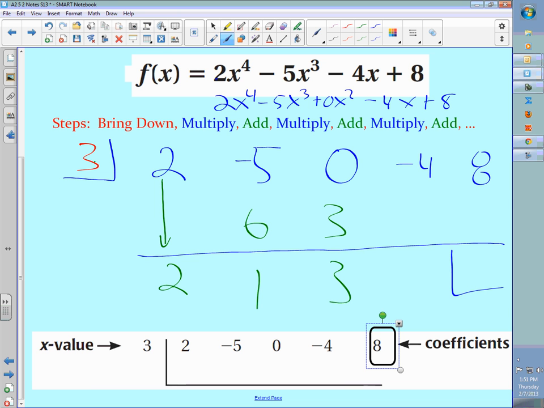Multiply again, 9. Add down. 5. 3 times 5. Add down. Ta-da. It's like magic.